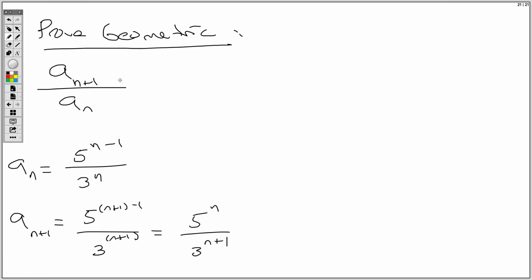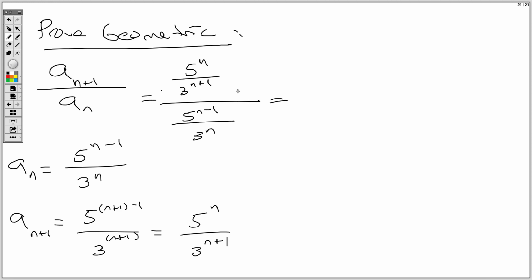And now let's take those ratio, right? So that ratio would be 5 to the n over 3 to the n plus 1 divided by 5 to the n minus 1 over 3 to the n.